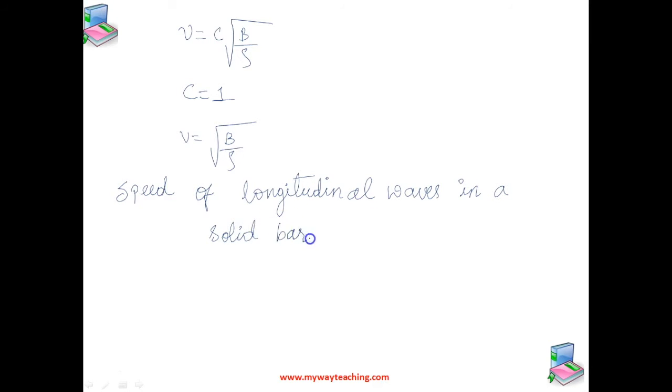And the speed of longitudinal waves in a solid bar, if you derive that, we get an equation for the speed of longitudinal waves in case of a solid bar.